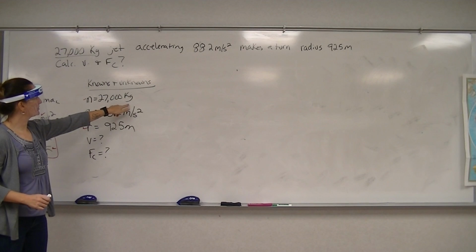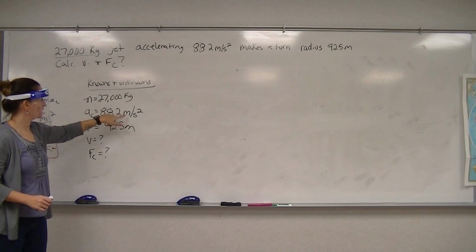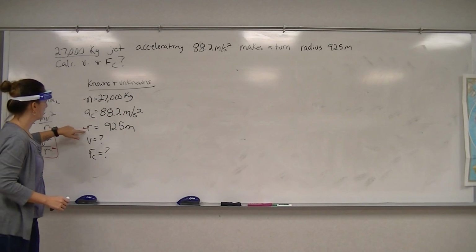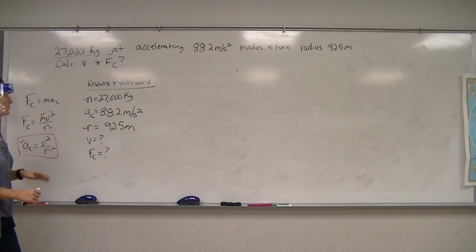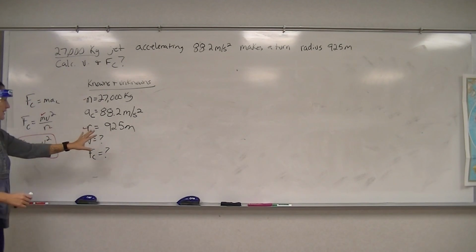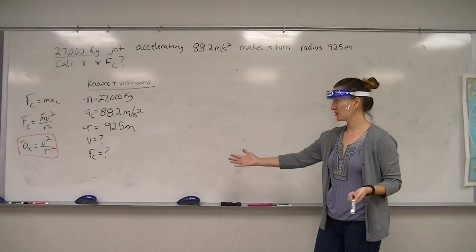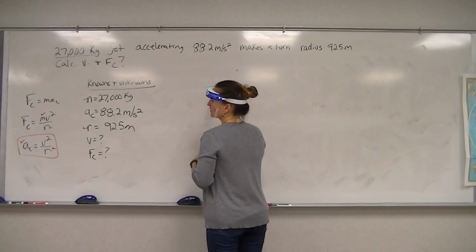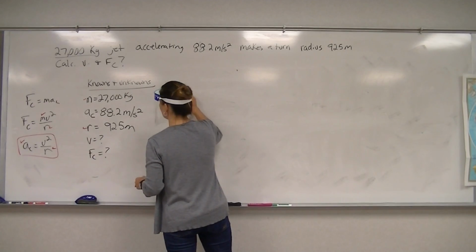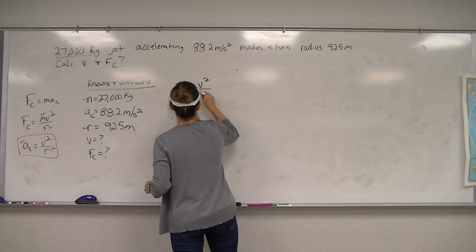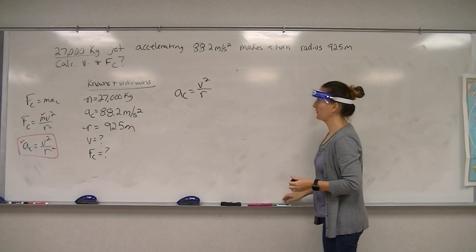Mass in kilograms, check. Acceleration, meters per second squared, that's good. Radius, meters, good. So we didn't have to convert anything this time, any of the values. When we calculate velocity, the unit should be meters per second. So we're taking A sub C equals v squared over r. So we're going to get v by itself.